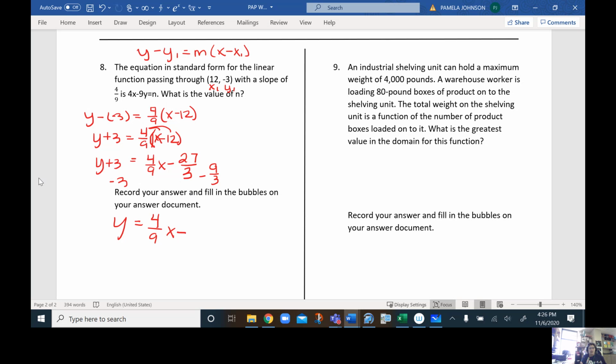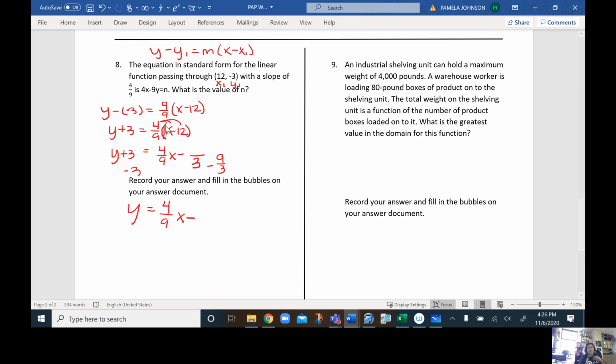Hold on, I made an error. I'm sorry. I am looking at the wrong place on my answer document. On my answer key, this was not 27/3, this was 16/3. This is 27/3 down here. I was looking at a line ahead. I apologize, guys.